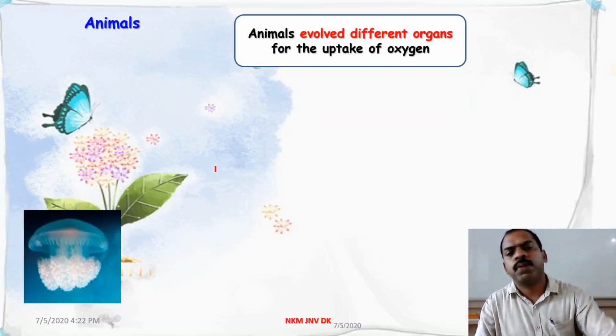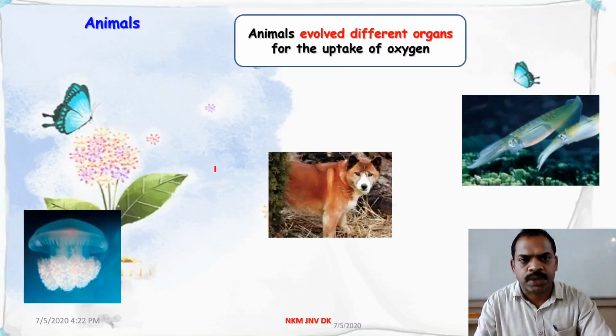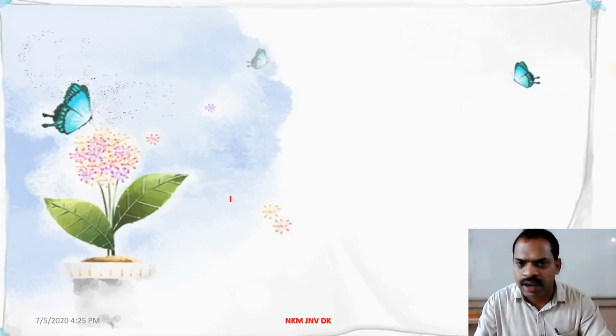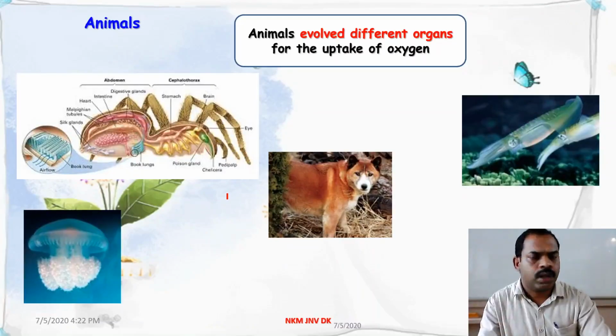As they become more and more complex, they have diverse types of respiratory organs. Here they have book lungs, here they have lungs, like that it changes. They have different types of respiratory organs depending on the complexity of their body systems and on where they are surviving.